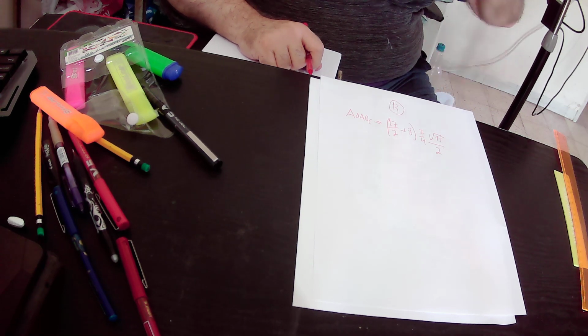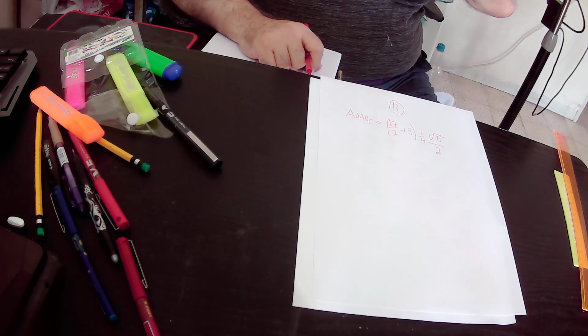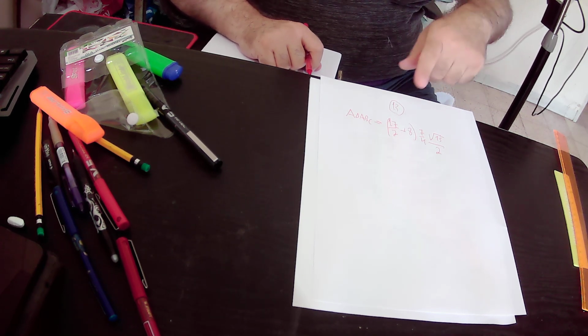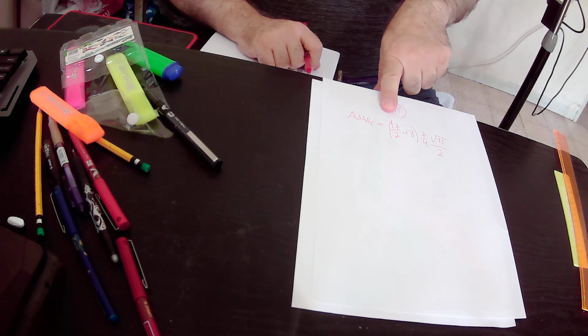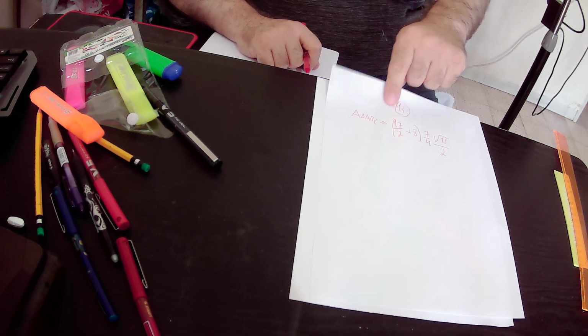4 times 2 is 8, and here we will write 16 over 2 instead of 8 in order to have a common factor with this number.